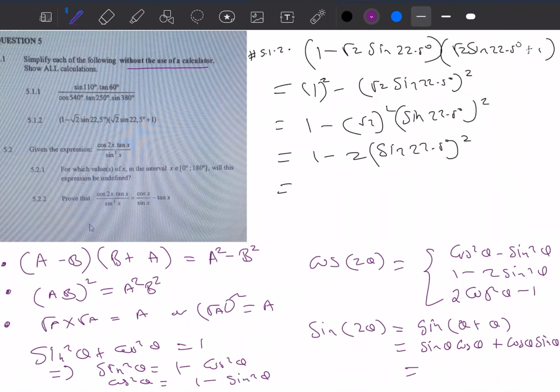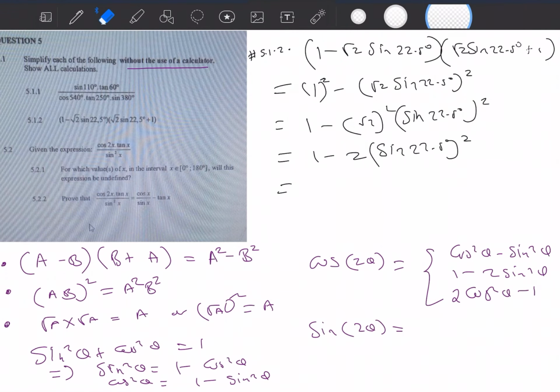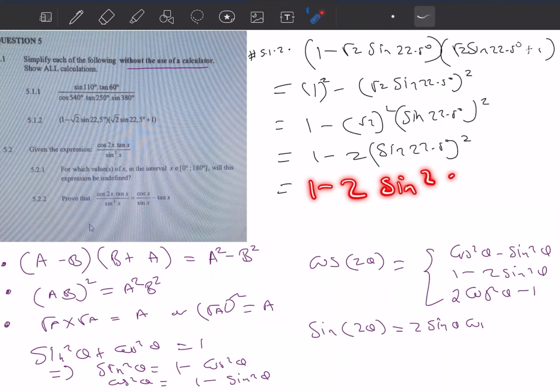Now, this is the same thing: sine theta cos theta plus cos theta sine theta is 2 sine theta cos theta. We're just proving this using compound angles. Right. So we see this. This is 1 minus 2 sine squared theta, and it looks like that.